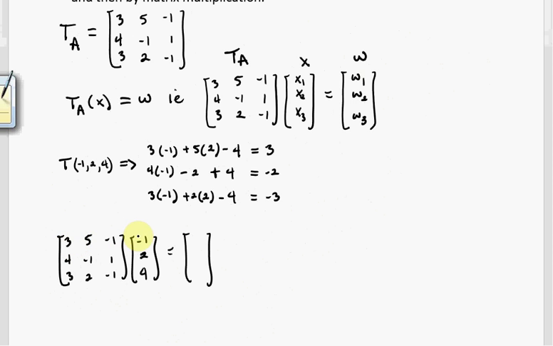So this is negative 3 and 10 minus 4. Indeed, that gives us the 3. 4 times negative 1 is negative 4, minus 2 plus 4, negative 2. 3 times negative 1 is negative 3, plus 4 minus 4, negative 3.